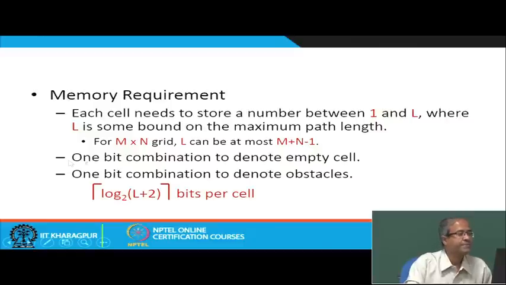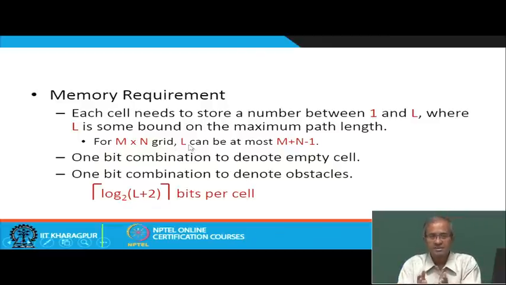Not only that, I have to represent one unique bit combination which will denote the empty cells, and another bit combination that will denote the obstacles. So, a total of L plus 2 different things have to be distinguished. Now, in the binary system, if we have L plus 2 distinct things to distinguish and we want to represent them in binary, you need the ceiling of log to the base 2 of L plus 2 bits.